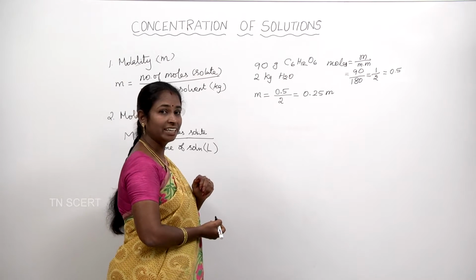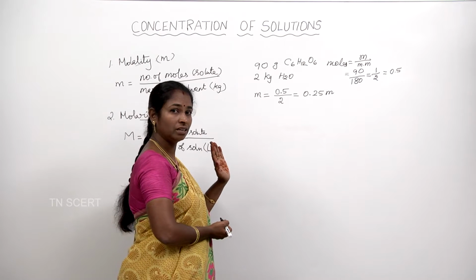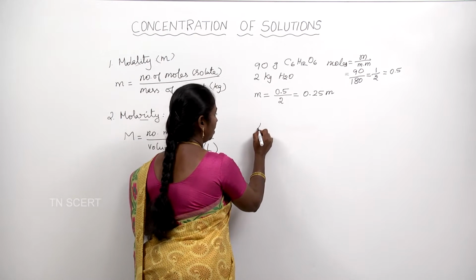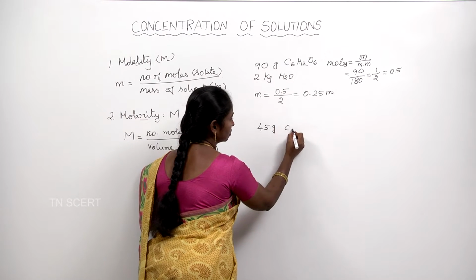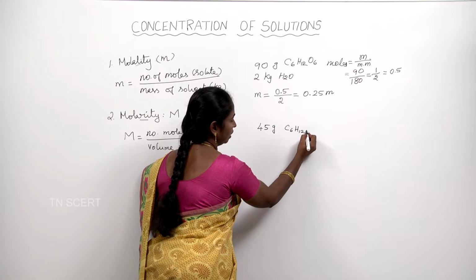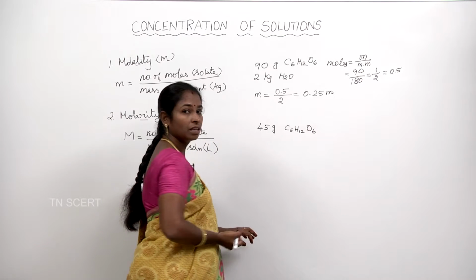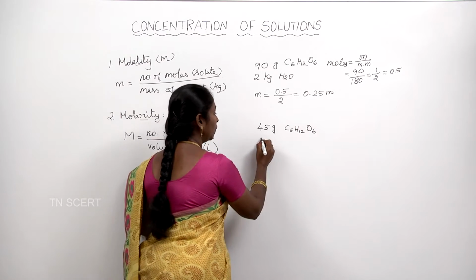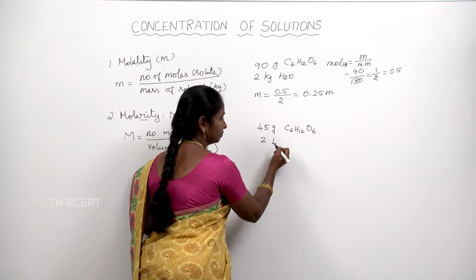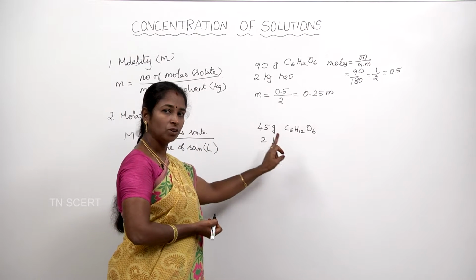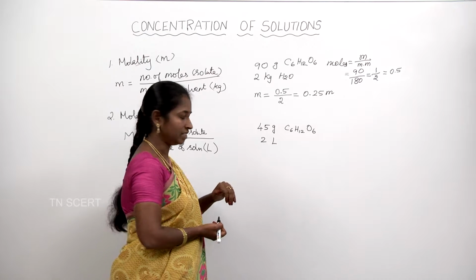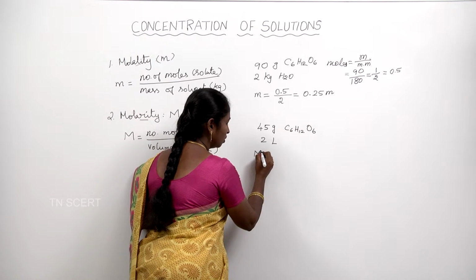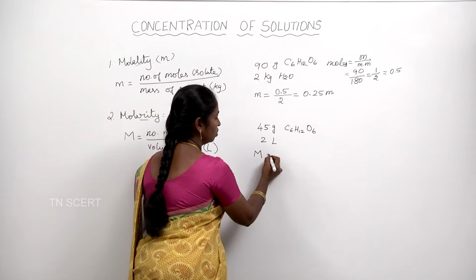Let us calculate the molarity of a solution with an example. Say 45 gram of the same glucose, C6H12O6, is present in 2 liter of the solution. 45 gram of glucose dissolved in 2 liter of the solution. What is the molarity? Molarity is equal to number of moles of solute.